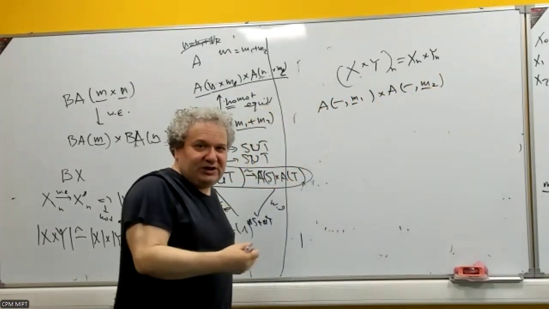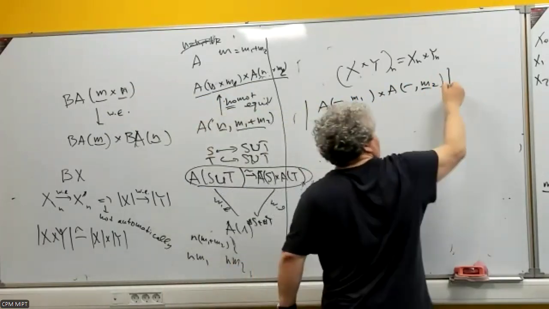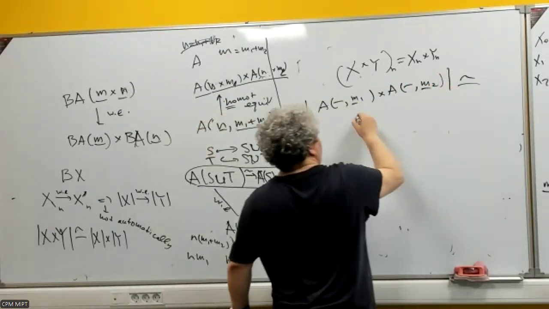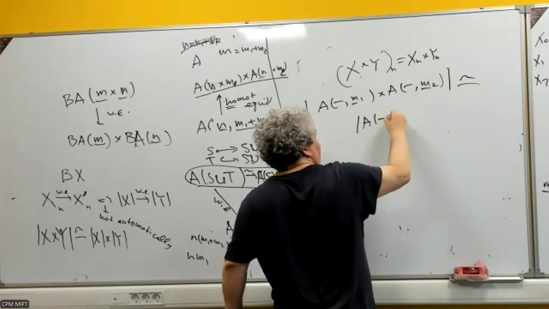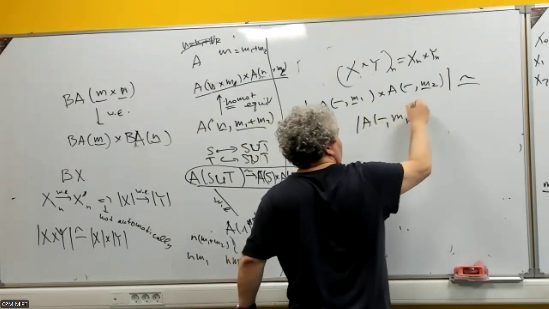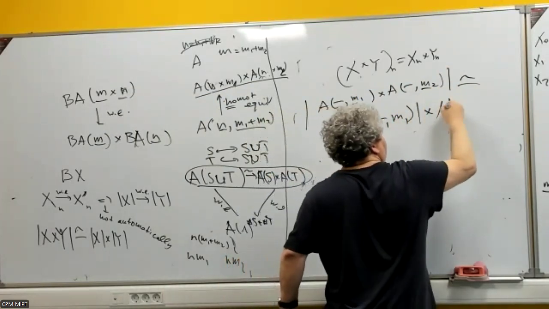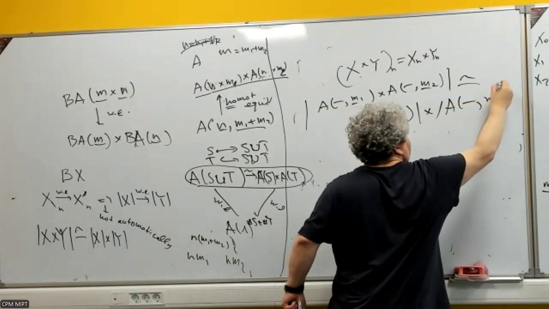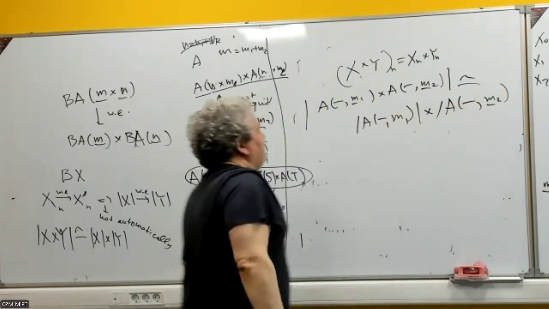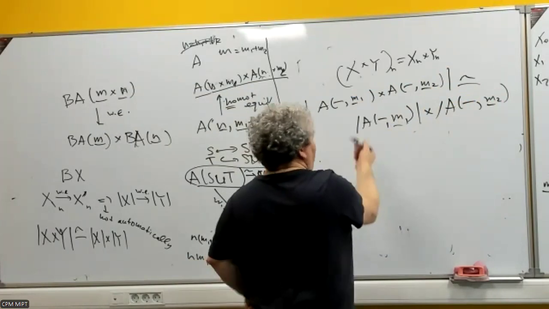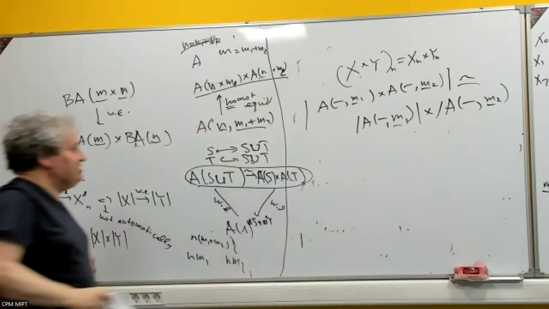It's just a product. So then the realization of this is homeomorphic to realization of A m1 and A m2, right? Yeah, so just homeomorphic because of this property.